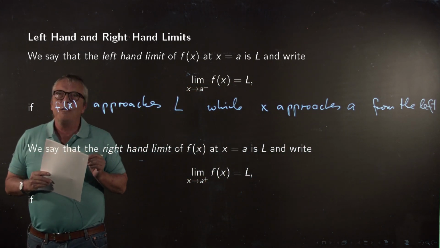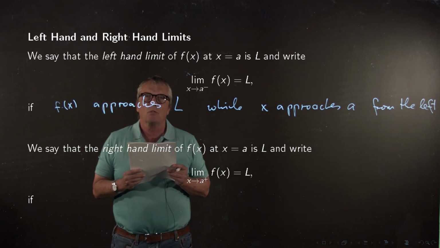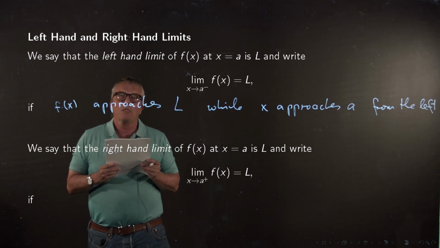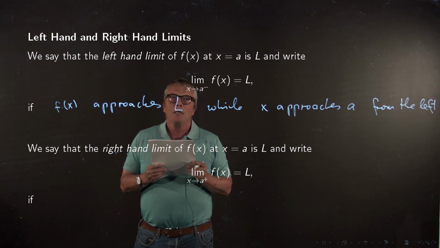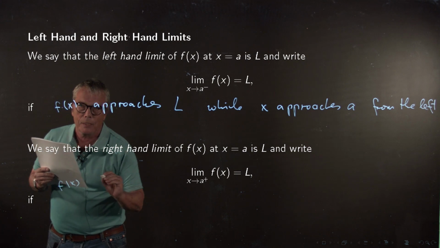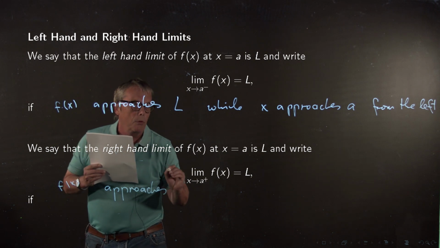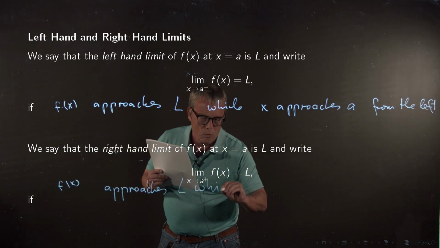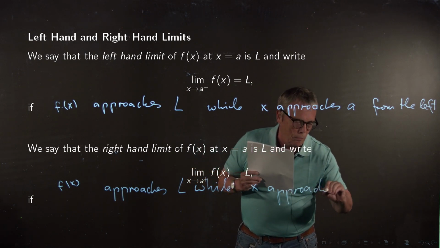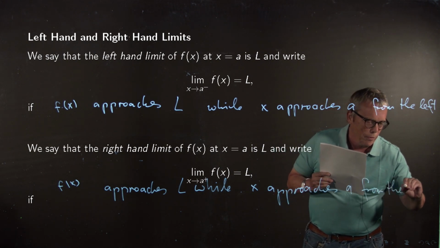And similarly, we say that the right-hand limit of f of x at x equals a is equal to L, and we write lim of x to a plus of f of x is equal to L if f of x approaches L while x approaches a from the right.